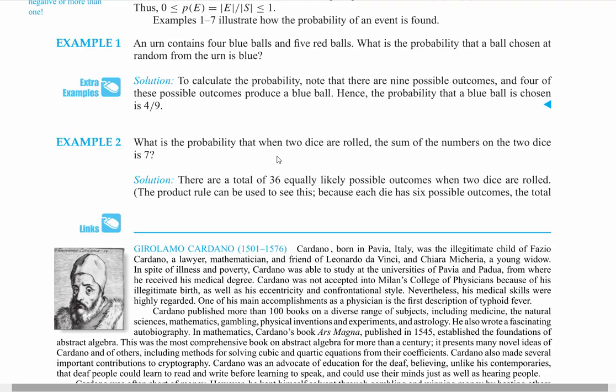Example 2, what is the probability that when 2 dice are rolled, the sum of the numbers on the 2 dice is 7? So for 2 dice we can get a 7. For example, you could roll a 3 on the first and a 4 on the second, then the sum is 7.